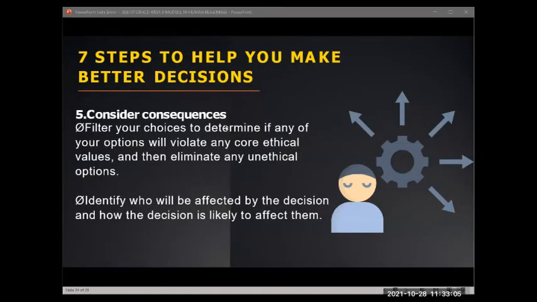The fifth step is to consider the consequences. Filter your choices to determine if any of your options will violate any core ethical values, and then eliminate any unethical options. Identify who will be affected by the decision and how the decision is likely to affect them.